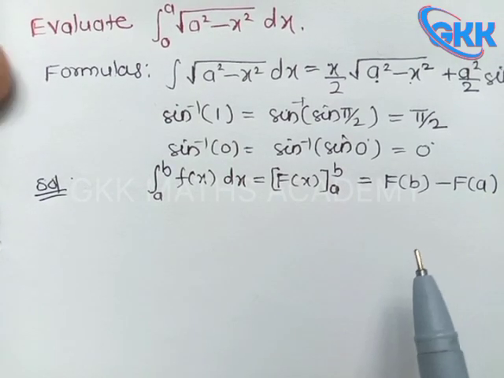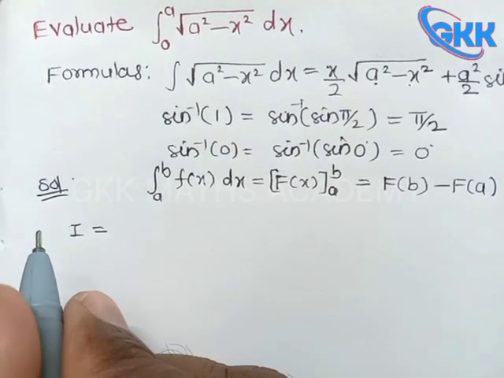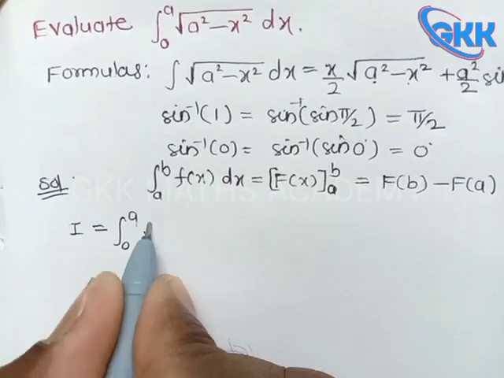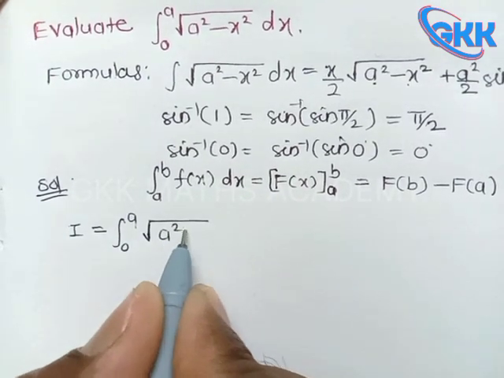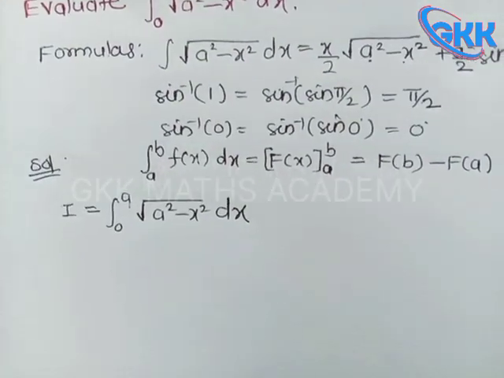Clear? Now the solution. Let I be the integral from 0 to a of the square root of a square minus x square dx.